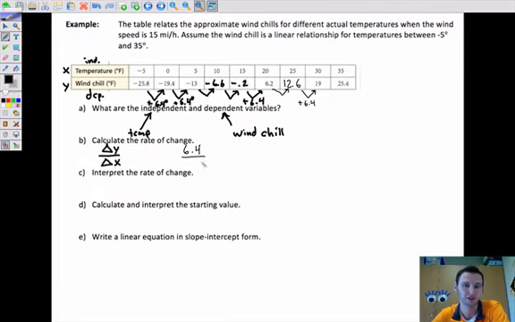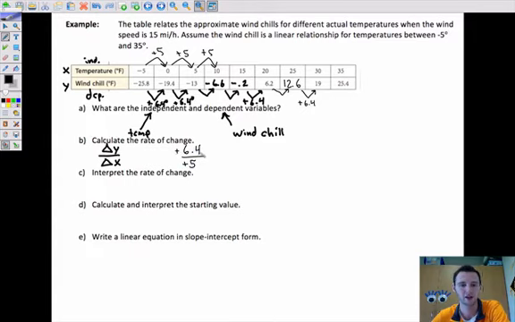Now we need to find the change in x, and this one's relatively simple. This is just going up by 5 degrees, up by 5 degrees, up by 5 degrees, all the way across this table. So our change in the x variable, or the independent variable, is 5. And really I should probably put a positive there.